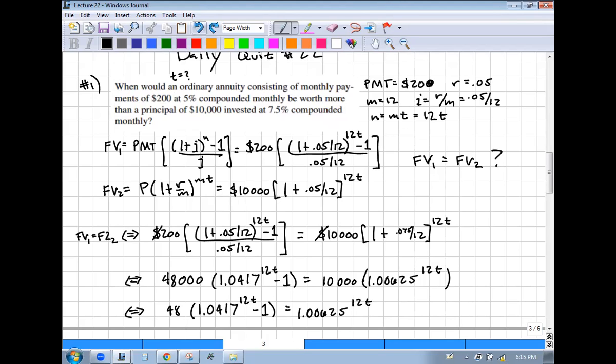I guess the best way would be to graph these, right? So you could see how this one would graph like that, and this one would start off higher, and then they cross somewhere. But it's possible they wouldn't cross, right? Because this is a higher interest rate and you're starting off with more.